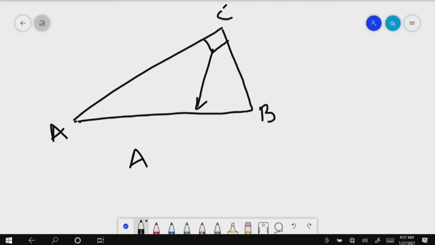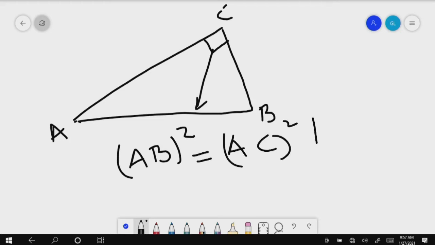side. It becomes AB squared by Pythagoras should equal AC squared plus BC squared. For us to simply remember Pythagoras again, Pythagoras says the sum of squares on the hypotenuse side is equal to the sum of squares on the two included sides that complete the right angle triangle.